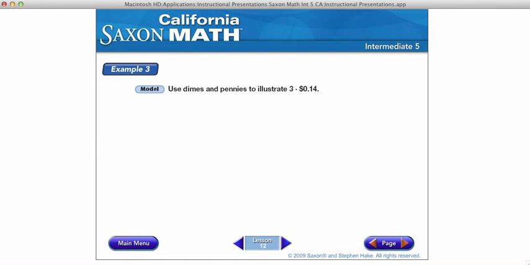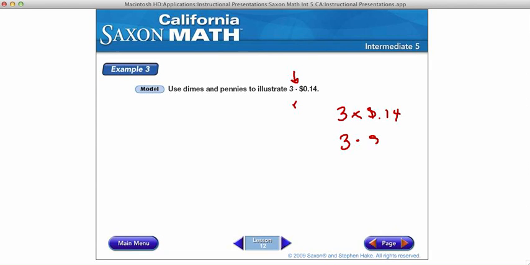All right, use dimes and pennies to illustrate 3 times 14 cents. Now, this dot right here means times. This is a shortcut. Instead of saying 3 times 14 cents, we can just put a dot.